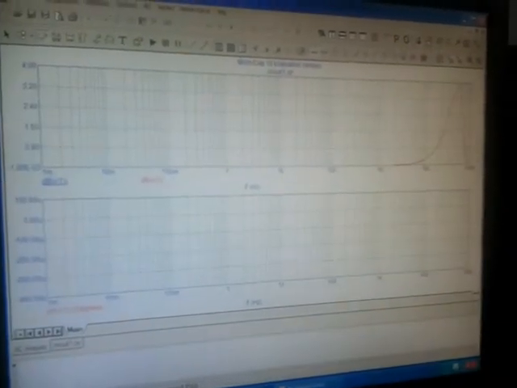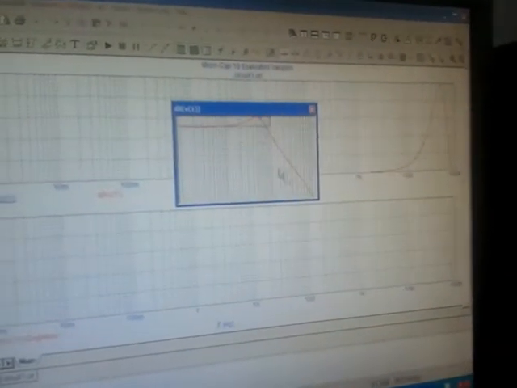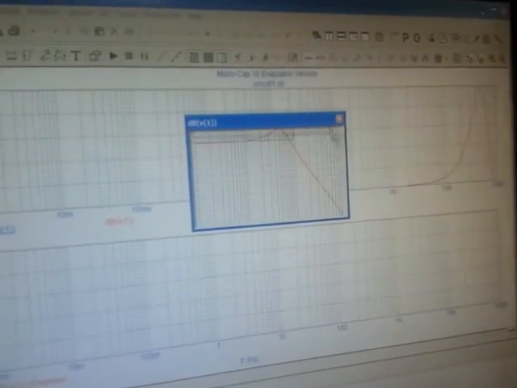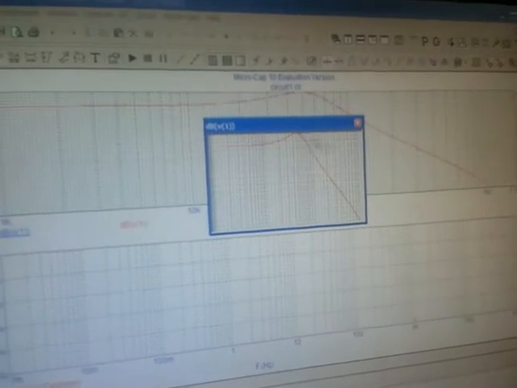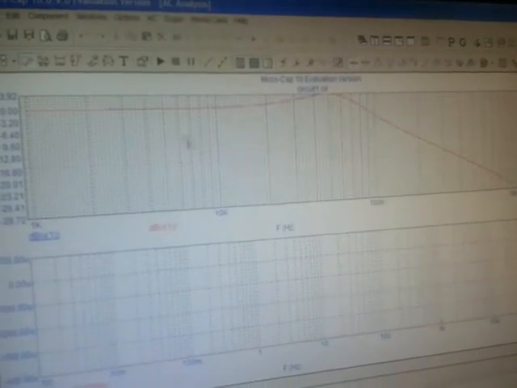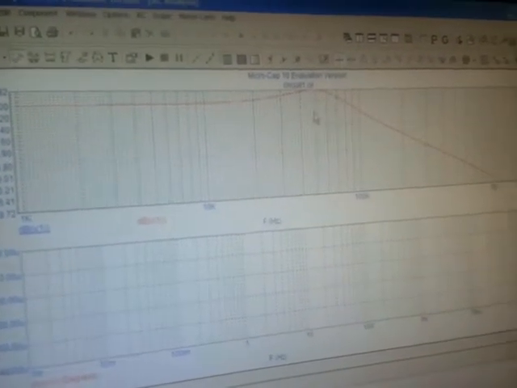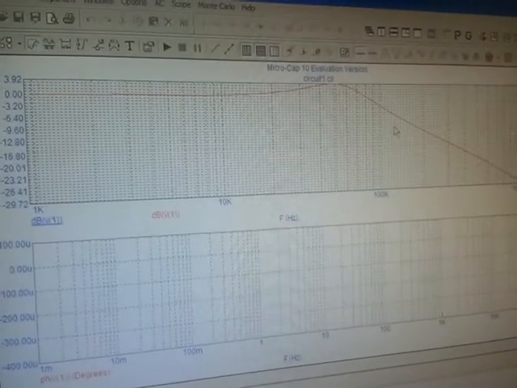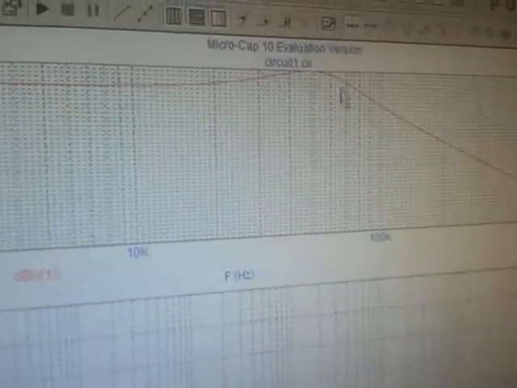On running the analysis, we are getting the specific part of the frequency response. So let us maximize the response. This is the magnitude plot of our response. As expected, we are getting the resonance frequency at this part, and at 1 megahertz, the response is dying down.